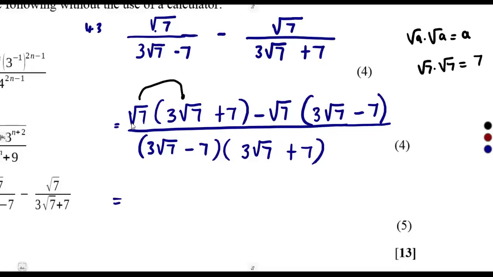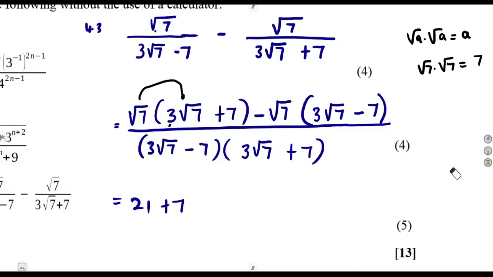When we have square root of 7 times the square root of 7, it's 7. So it's 3 times the 7. Remember, square root of 7 times square root of 7 is 7. So you're now left with a 7 times the 3, this one here. So 3 times 7, that's 21. Square root of 7 times square root of 7, that's 7.